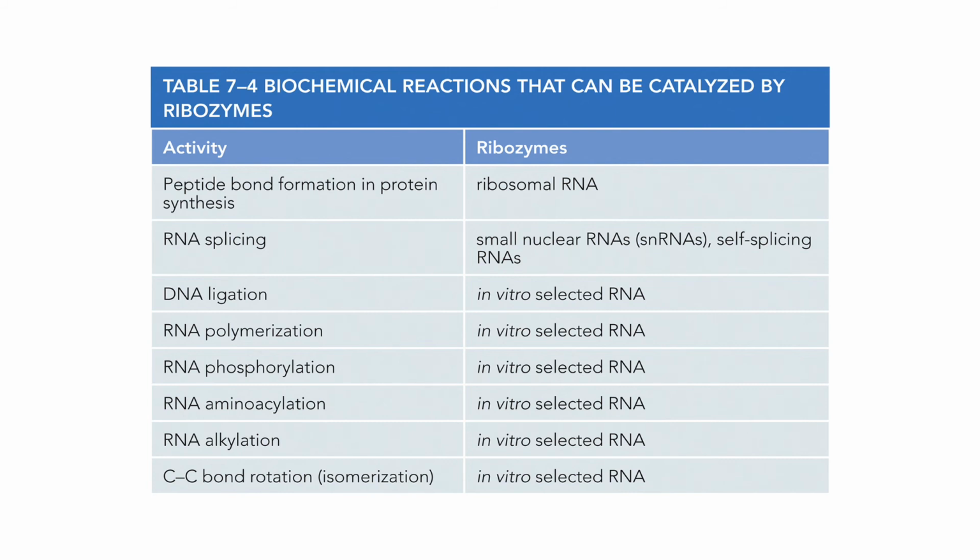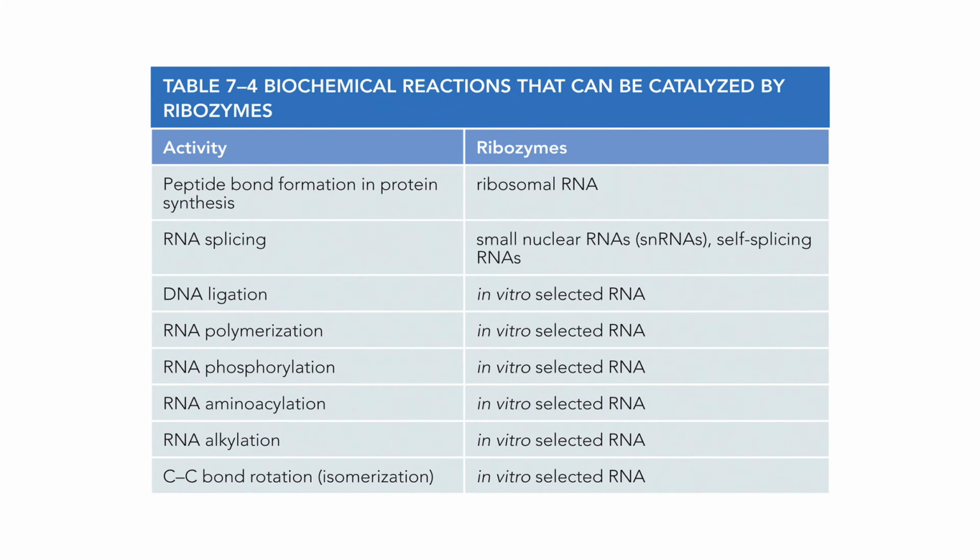It can cut other RNAs. Actually, on the right-hand side, it's using ribozymes as a general term for an RNA-based enzyme. But traditionally, ribozymes refer to the original ones that were found to cut other RNA molecules. But if we use this table, there's a whole list of other RNA-based enzymes.